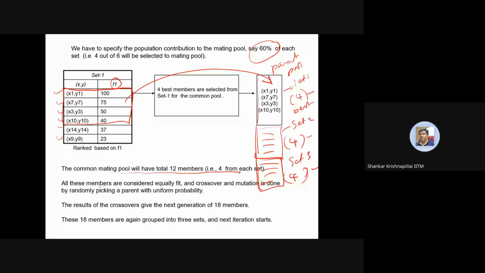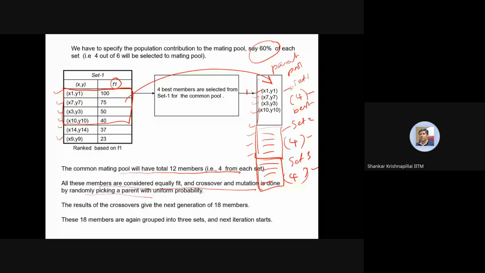Crossover and mutation is done by randomly picking a parent with uniform probability. There's no Roulette-Wheel method here because all these F1, F2, F3 are different objective functions. So all these parents are picked with equal probability. Parents are numbered from 1 to 12.